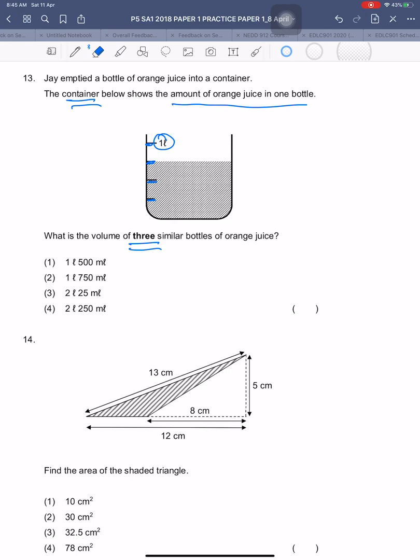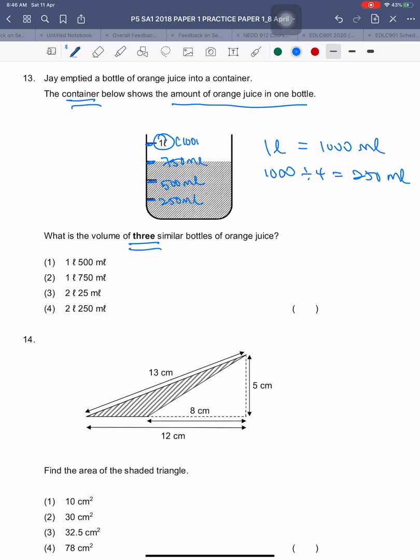So 1 liter equals 1000 milliliters. 4 markings, so 1000 divided by 4, 250. That means each marking represents 250. So this is 250 ml, this should be 500 ml, and this should be 750 ml, and the last one should be 1000 ml, which is actually 1 liter.